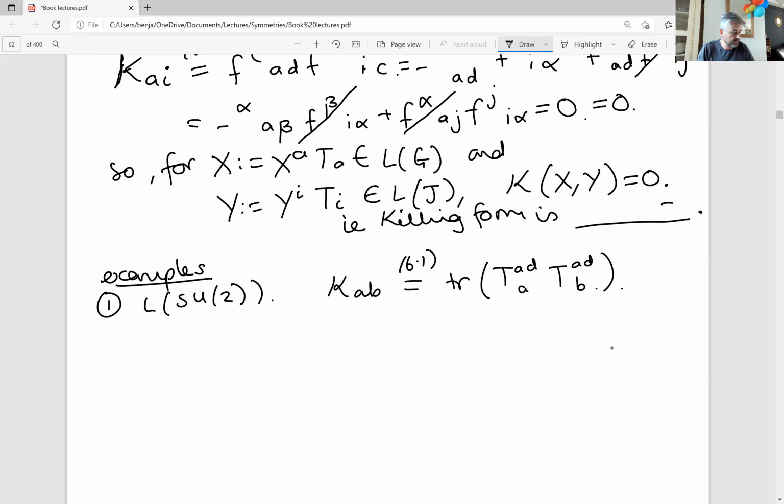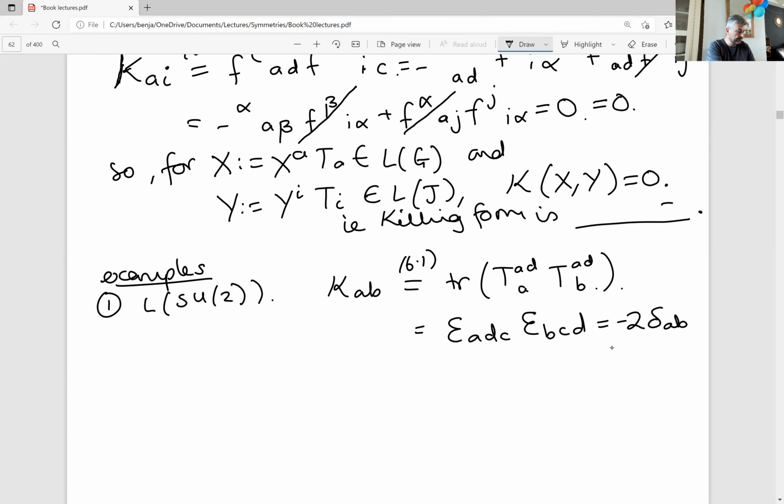We found the adjoint representations, so a basis for these adjoint matrices before, and it was just minus epsilon basically. So this gives us epsilon_ACD. In fact, let's write it like this: epsilon_ADC epsilon_BCD. Okay, so this is equal to -2 delta_AB.